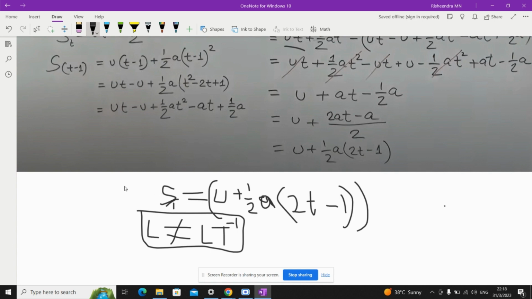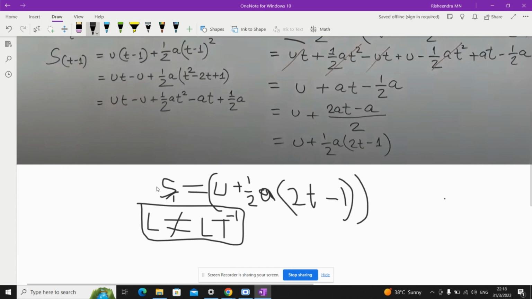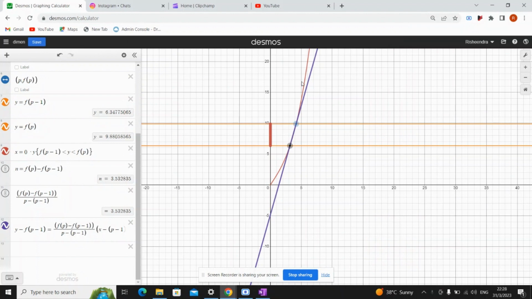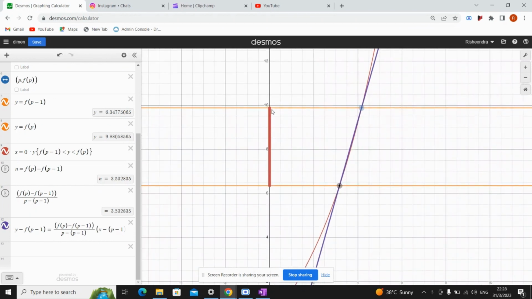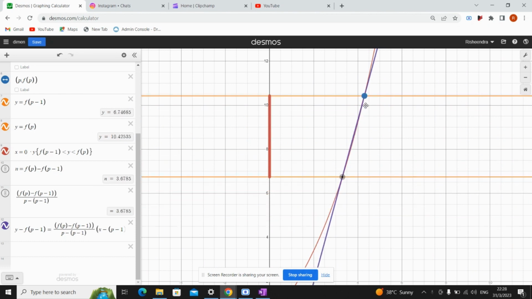So s of nth second is there. We think we are calculating the length of this red line, the distance between these two points, but with the formula what we are actually calculating is the slope between these two points. The magnitudes of these two are equal, so we don't bother much.